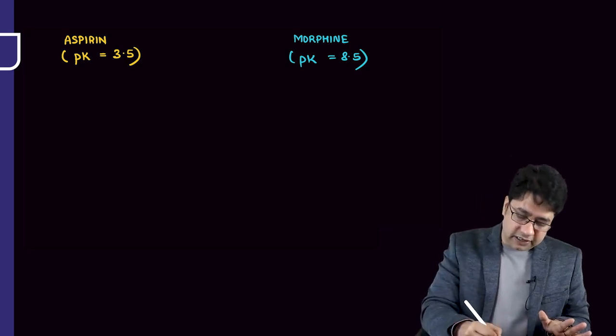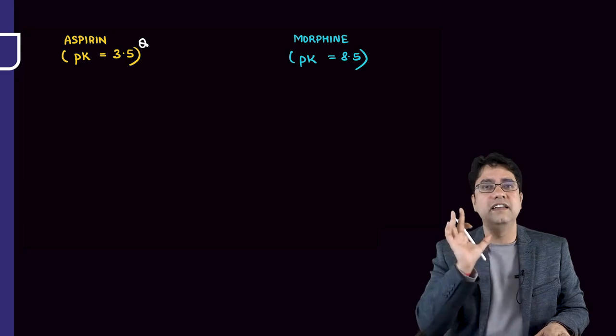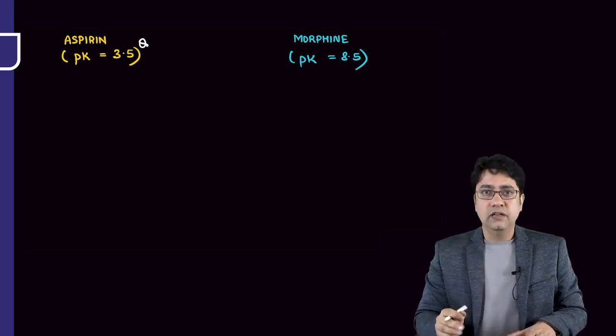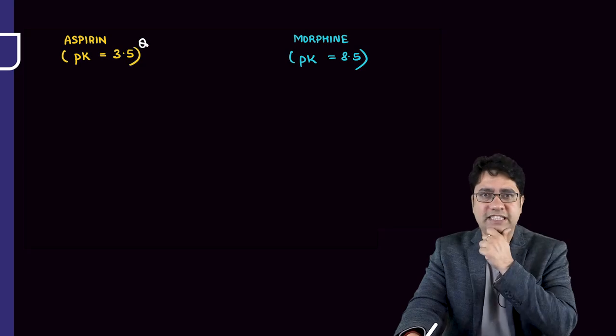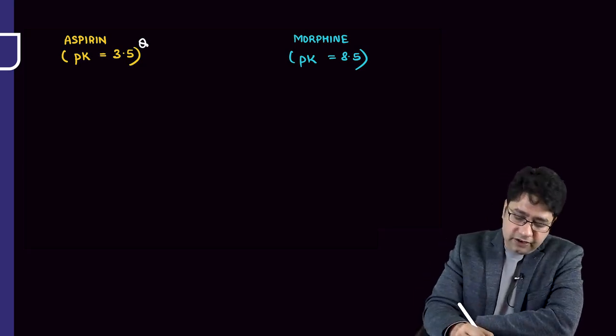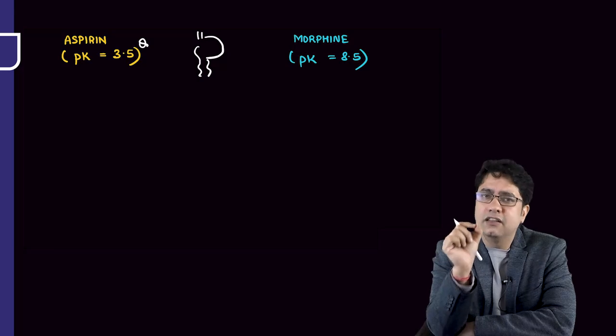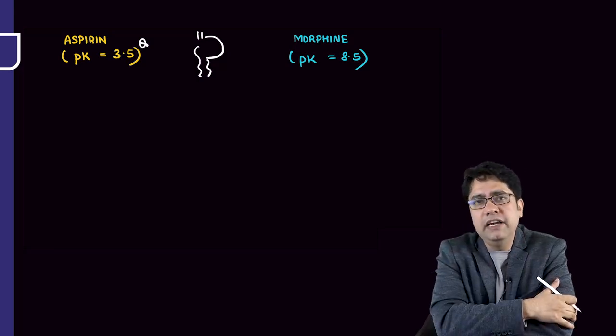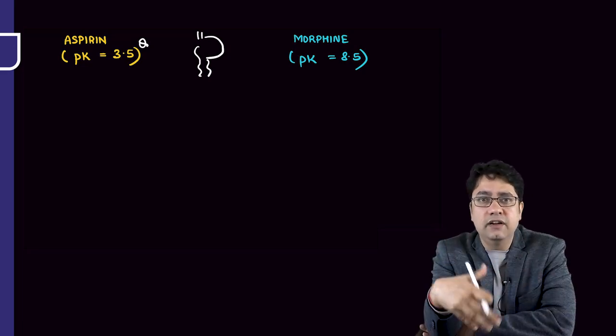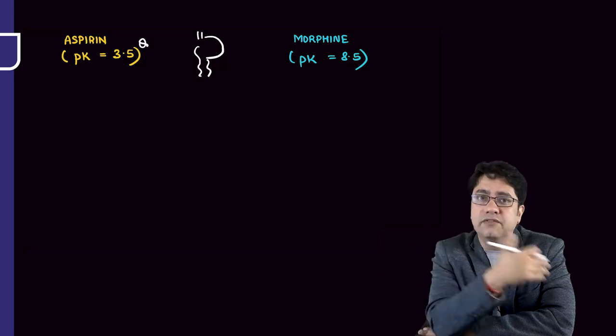Now, the pK value of aspirin, 3.5, is an MCQ. Now, let's say you have taken oral aspirin. When you have taken oral aspirin or any other drug, do you think every time aspirin will get a pH of 3.5 in the media? The answer is no. Aspirin will encounter different pH of the media.